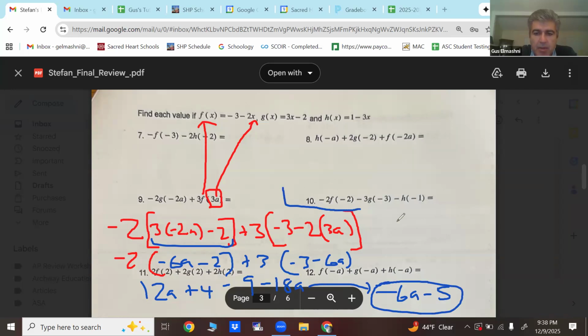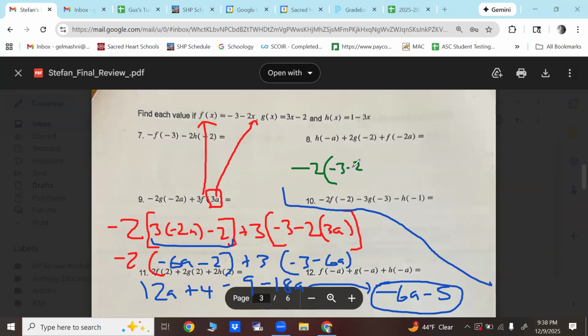Let's do 10. I'll have to do it up here because of space. Let's switch colors, for a bit of contrast. All right. So f of -2 is going to be -3 minus 2 times -2, minus 3g of -3.